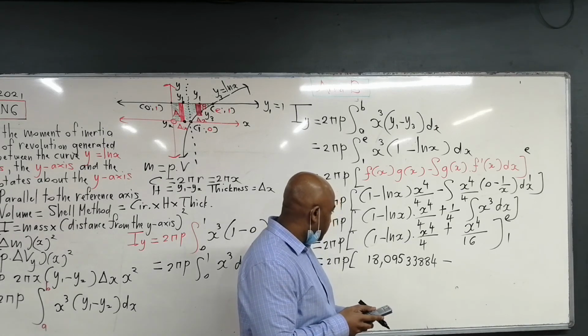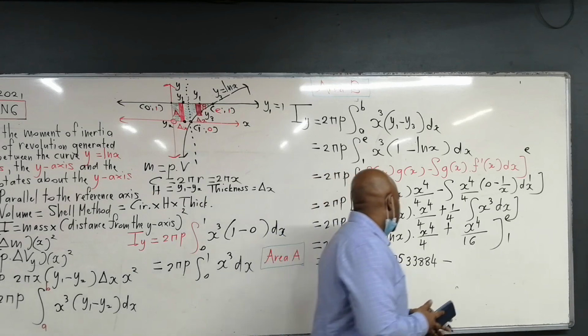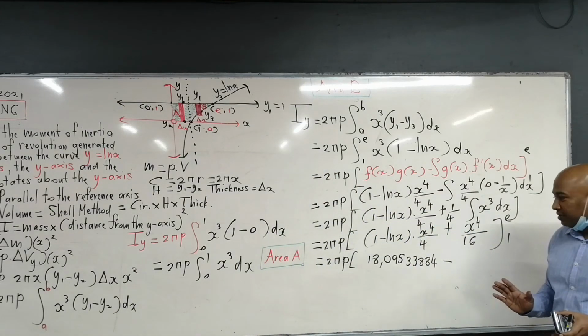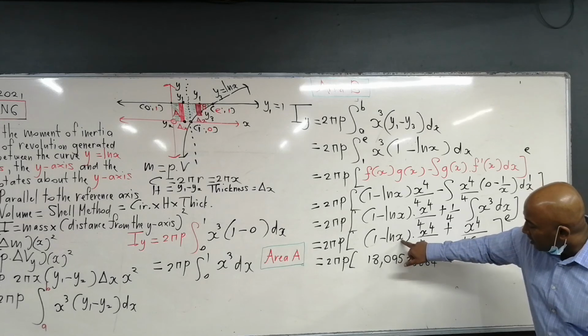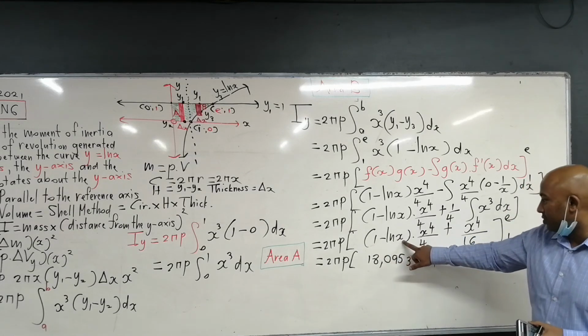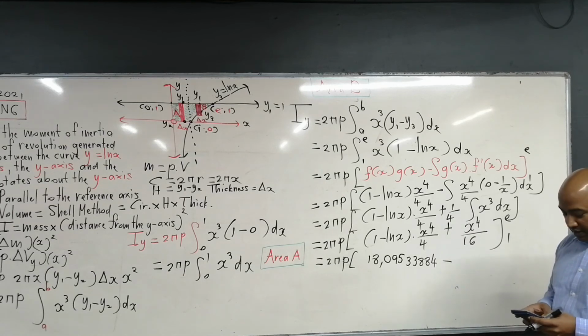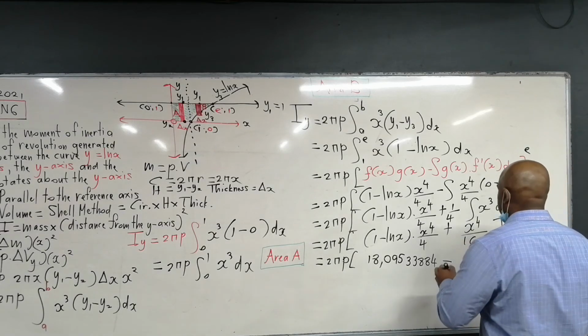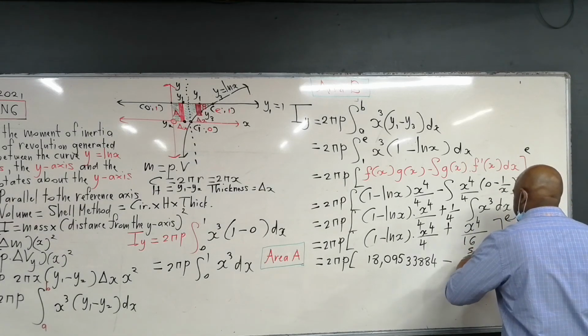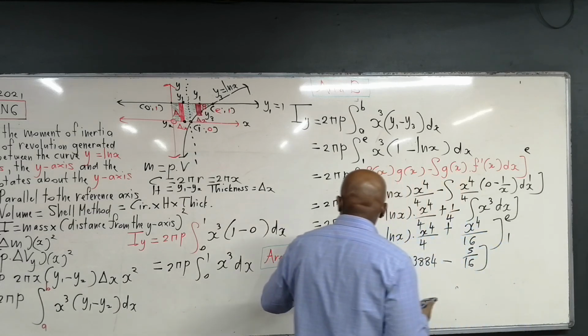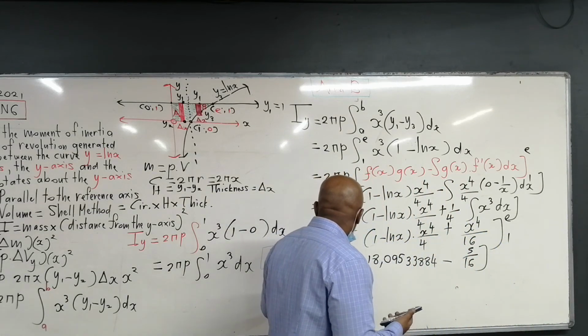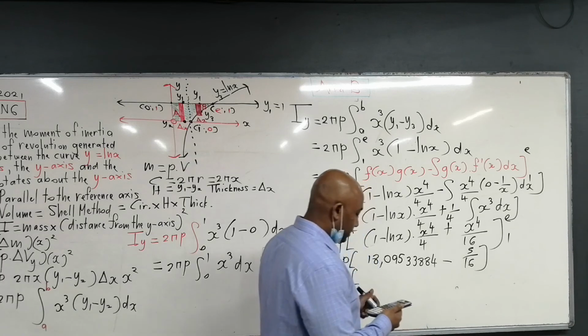I need to substitute my 1 now. Let me just do this. Okay. I'm not going to do this in the calculator. If I put 1 here, then ln of 1 is 0. 1 minus 0 is 1. So that's just basically 1 over 4 plus 1 over 16. You get 5 over 16. Alright, so I got my 2 pi p.